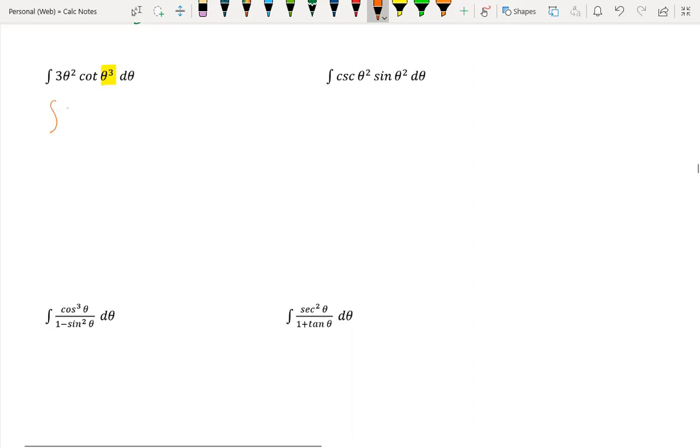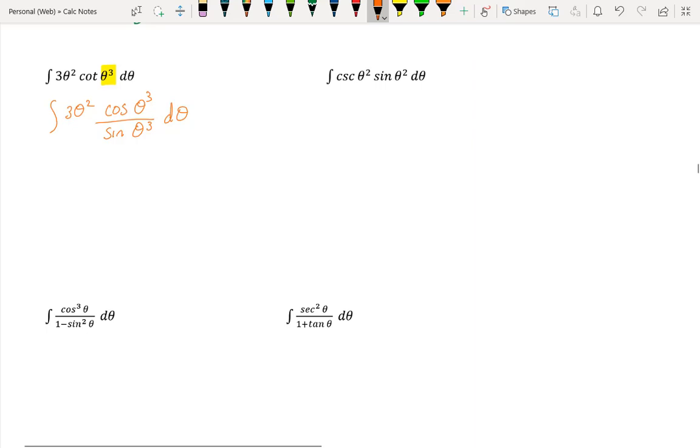This is the integral of 3 theta squared, and then I'm going to break cotangent up into cosine of theta cubed over sine of theta cubed d theta. And now again, hopefully once you get to this point, you can look at the denominator and say, okay, what's the derivative of sine of theta cubed?